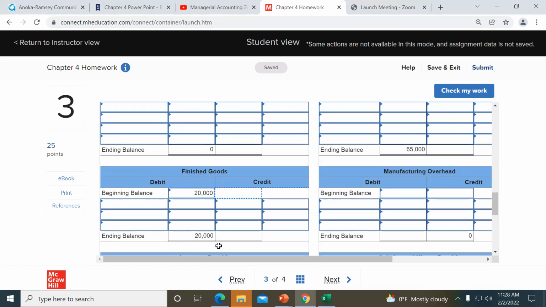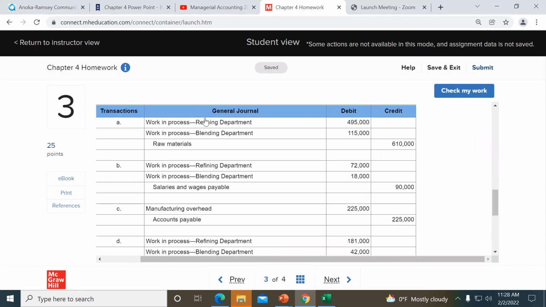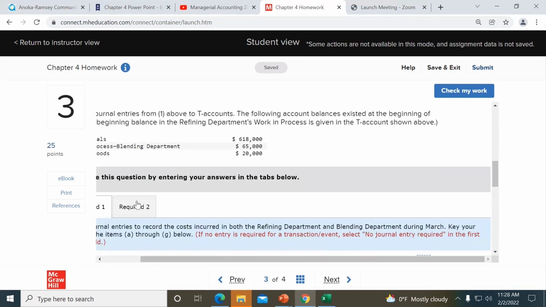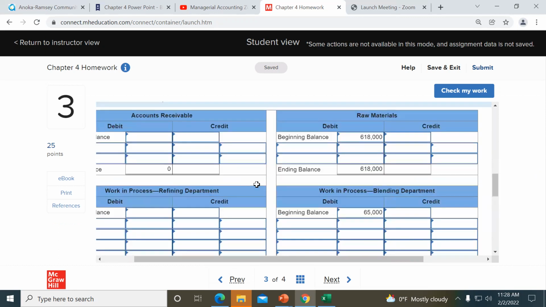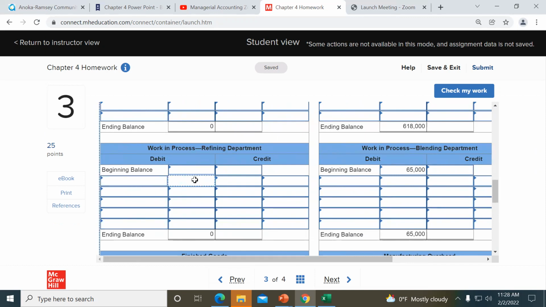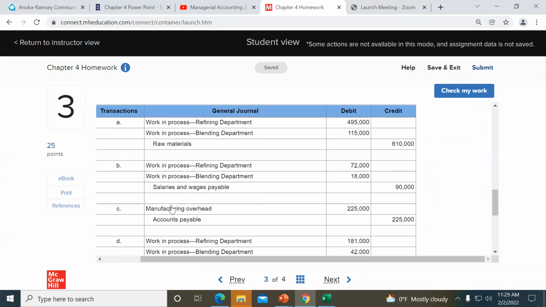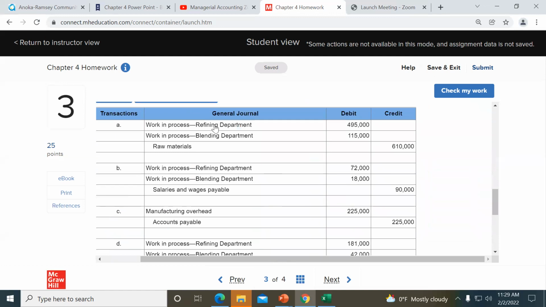So what they want us to do is go back to each of these journal entries, debit and credit everything. We've got a debit work in process refining, $495. That's number A. We've got blending 115, raw materials 610.